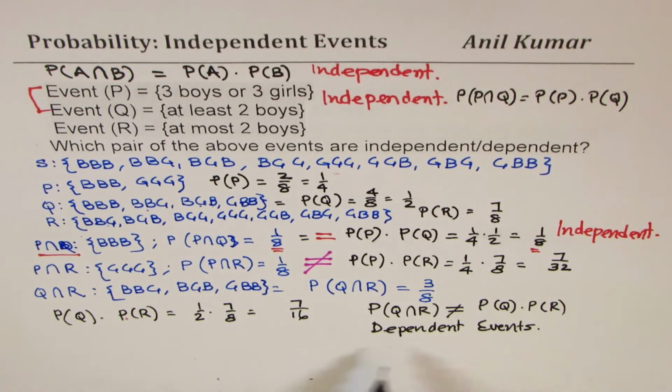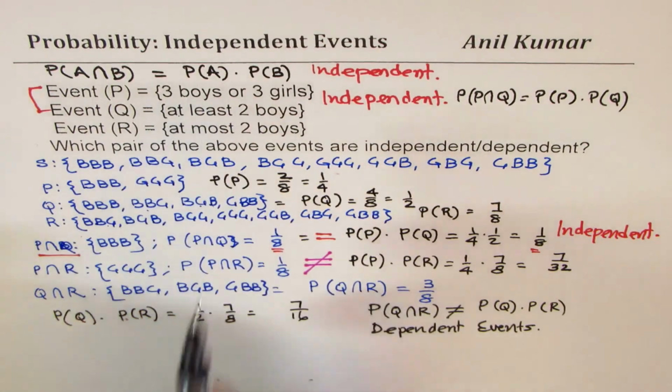Is it okay? So that is how we could do it. We found that the only combination which is independent is P and Q. So I hope this procedure of finding independent and dependent events from the probability makes sense. You can always extend this definition.